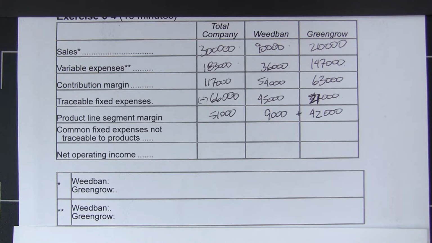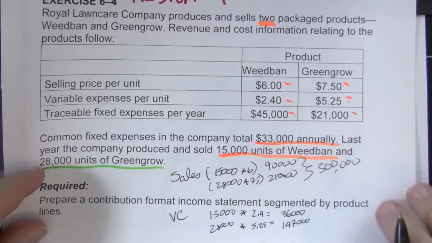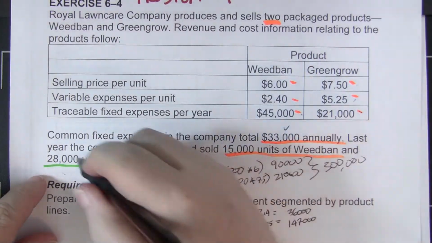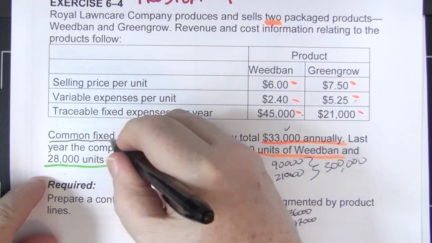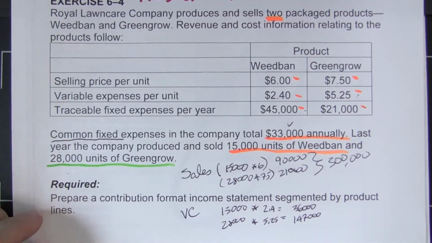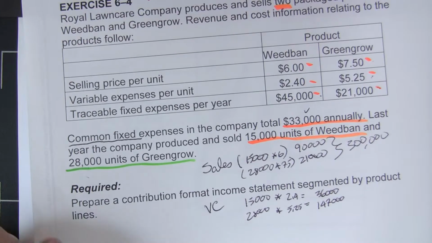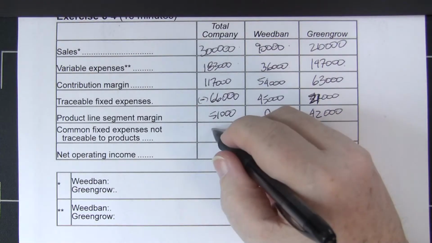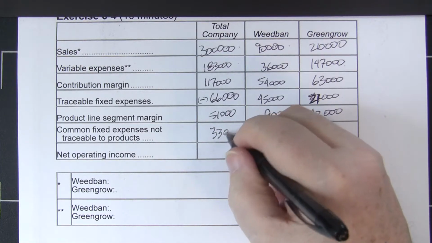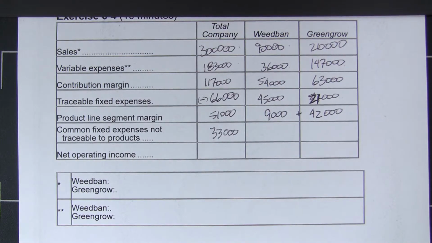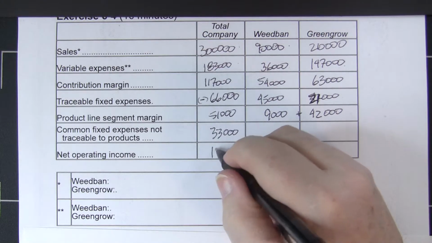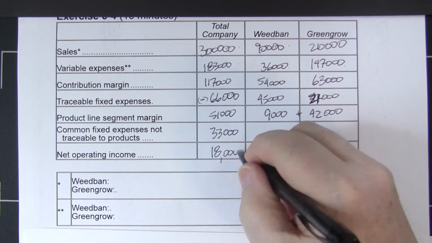Common means untraceable or doesn't make sense to trace. It's 33,000. So our total operating income is 18,000.